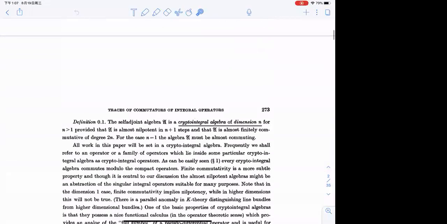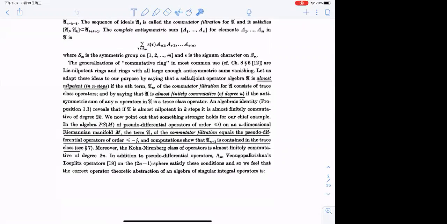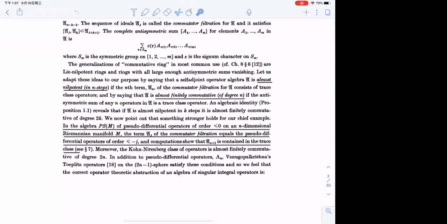In general, they consider this so-called cryptointegral algebra of dimension n, which just means you have a self-adjoint collection of operators, and they need to satisfy certain conditions on these commutators belonging to certain Schatten class groups.